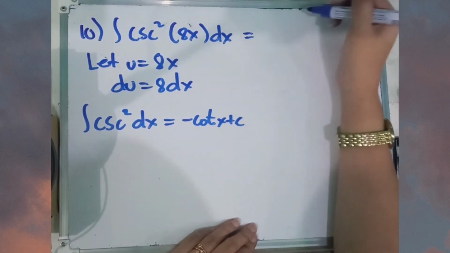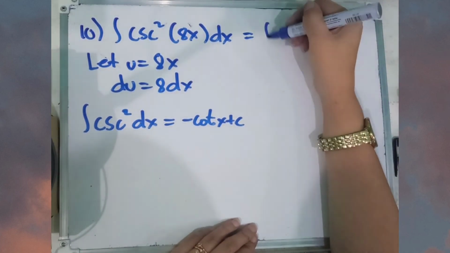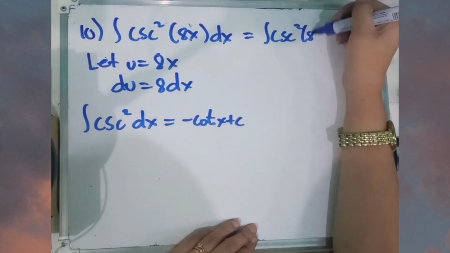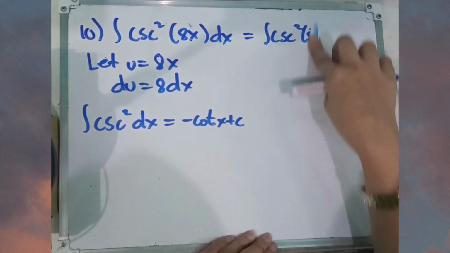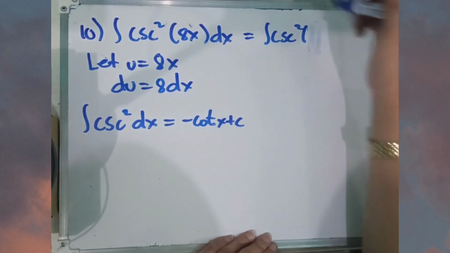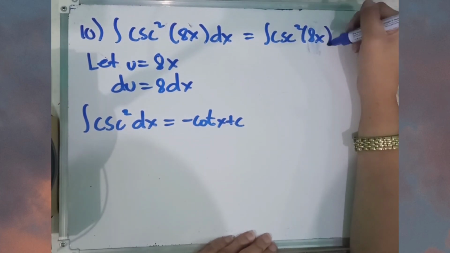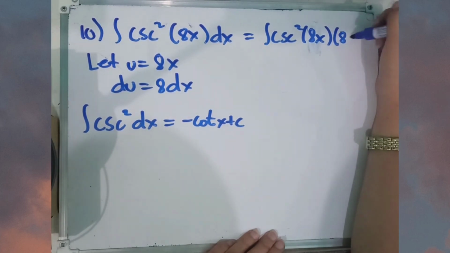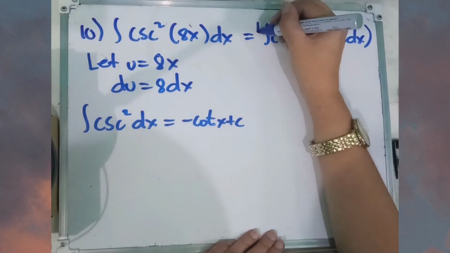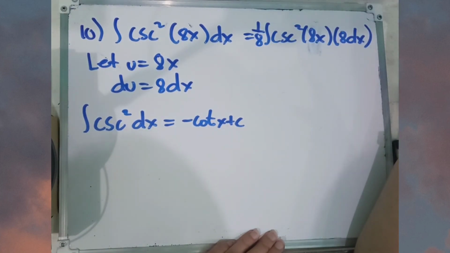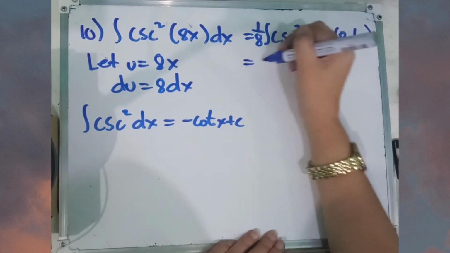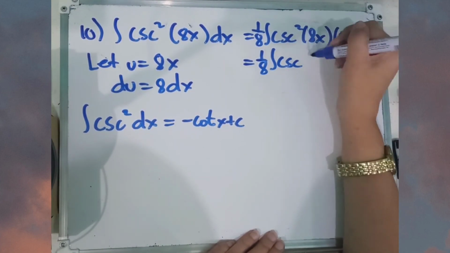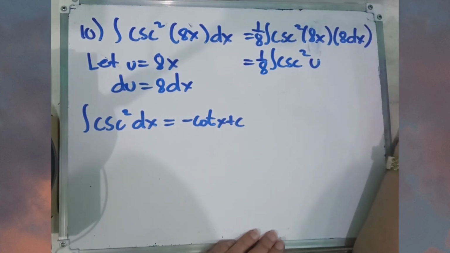So rewriting the given function, we can rewrite that one as the integral of cosecant squared 8x, and since du is 8 dx, we can write this one as 8 dx, and do not forget to put 1/8 outside of the radical symbol. So that's 1/8 integral of cosecant squared 8x, which is u, 8 dx is du.